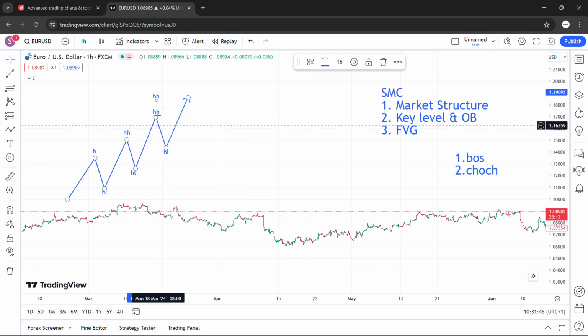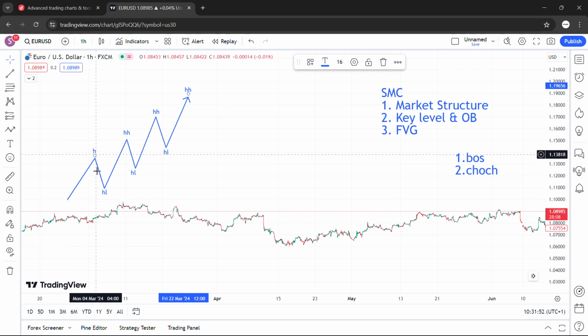This is how price moves in an upward trend. It's created a high, then a higher low. It is called a higher low because it is higher than the previous low. Then a higher high is higher than the previous high, and again higher than the previous high. This is how price moves in an uptrend.